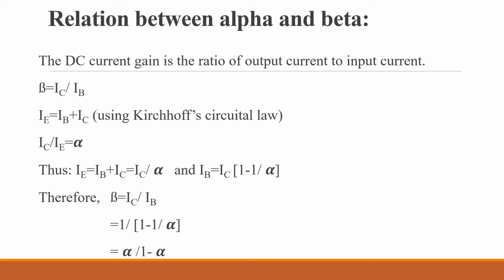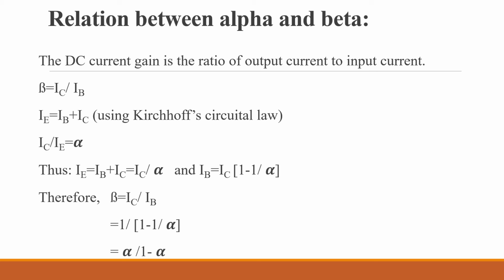So here we can say IE is equal to IB plus IC, or we can write this IE as IC by alpha. So IB plus IC is equal to IC by alpha, and this can be written as IB is equal to IC times (1 by alpha minus 1).